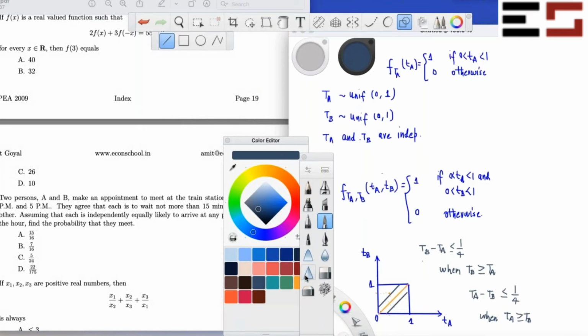Okay, and then all that you have to do is figure out the probability that (TA, TB) lies in this region, because this is the region where nobody waits for more than 15 minutes for the other person.